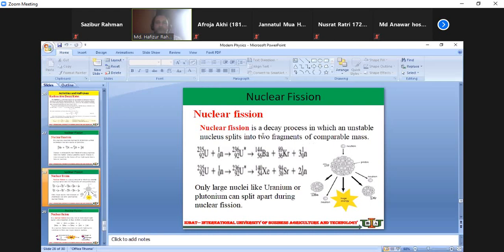So fission is a decay process in which an unstable nucleus splits into 2 fragments of comparable mass.